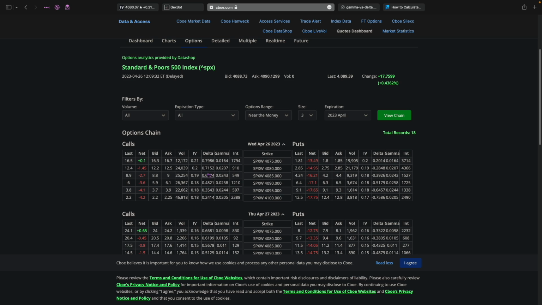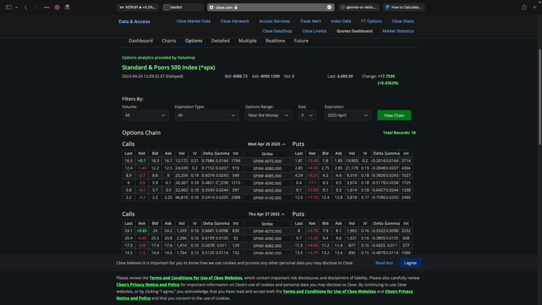There are different models you can use to calculate these things, like binomial models. But essentially what it's trying to do is tell you, if your option were shares, how many shares would it be? And the reason that's important is, let's say you have a 4090 call and SPY, or SPX in this case, is trading at 4090.